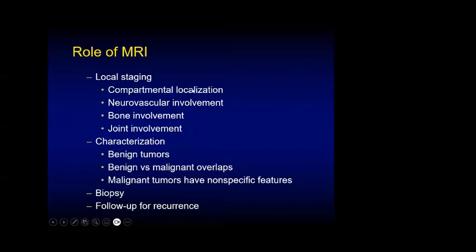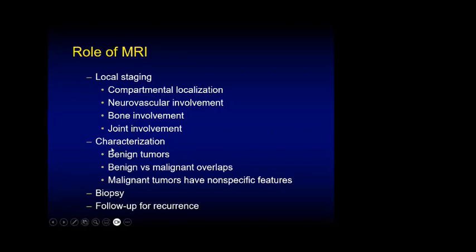This is the list of the staging parameters we use for soft tissue sarcoma to help orthopedic surgeons decide if they want to do limb salvage surgery or amputation. We will go over the staging in the next slides. Also with MRI scan, you can sometimes characterize the tumors. There are some benign tumors that you may be able to characterize with MRI. We'll see examples of those.